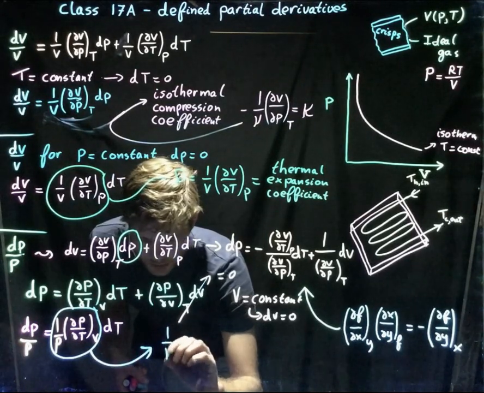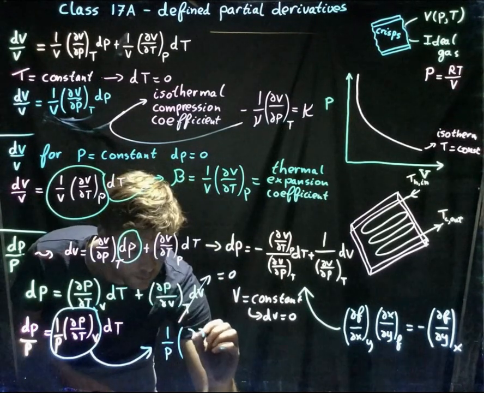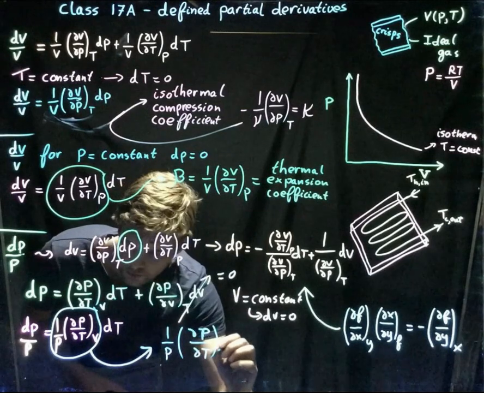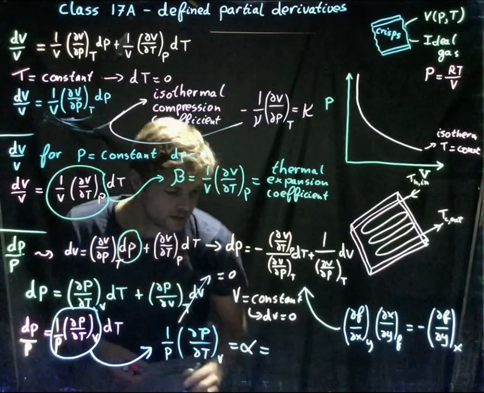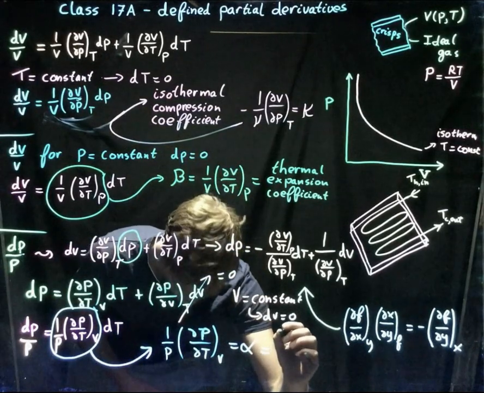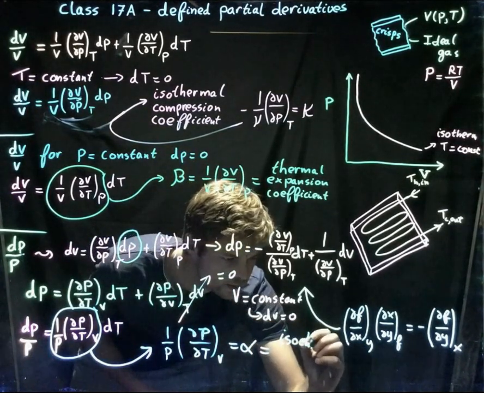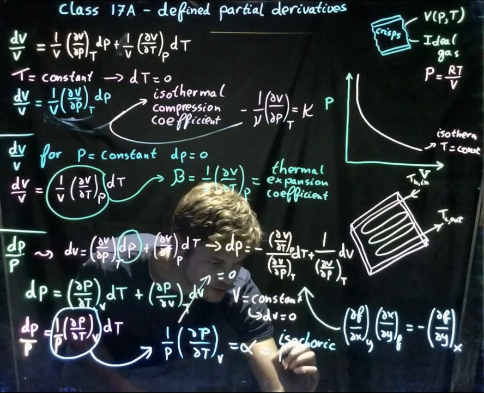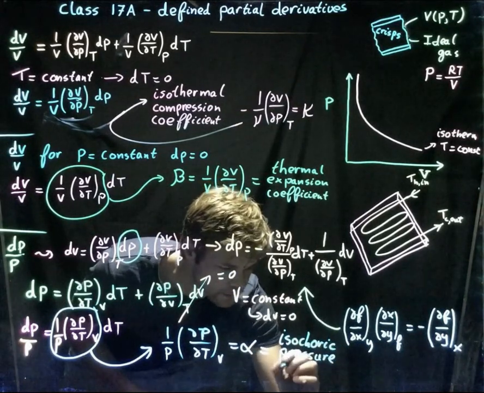So 1 over P times (∂P/∂T) for a fixed volume, and this is called alpha, the isochoric pressure coefficient.